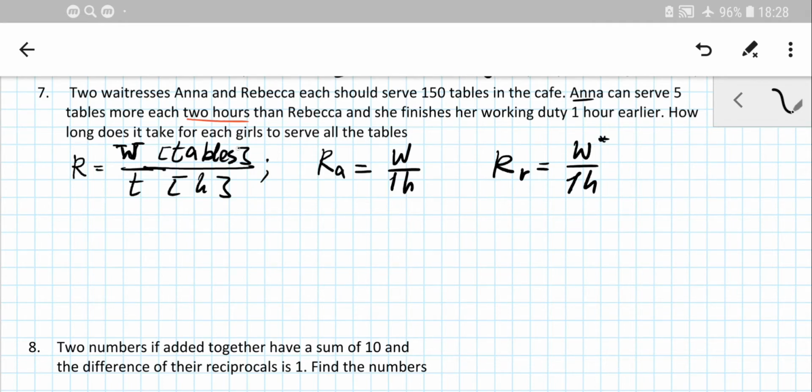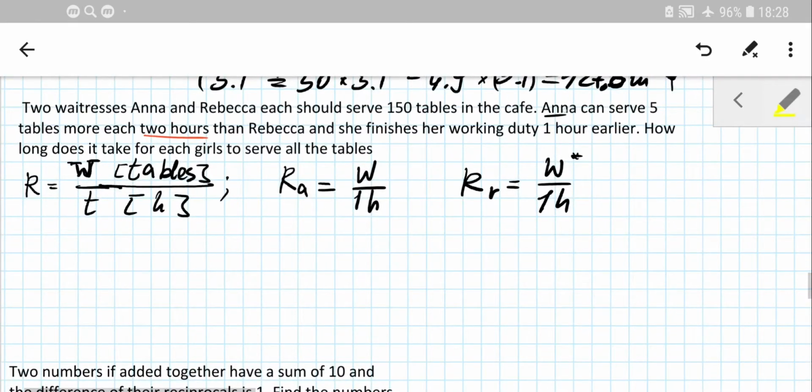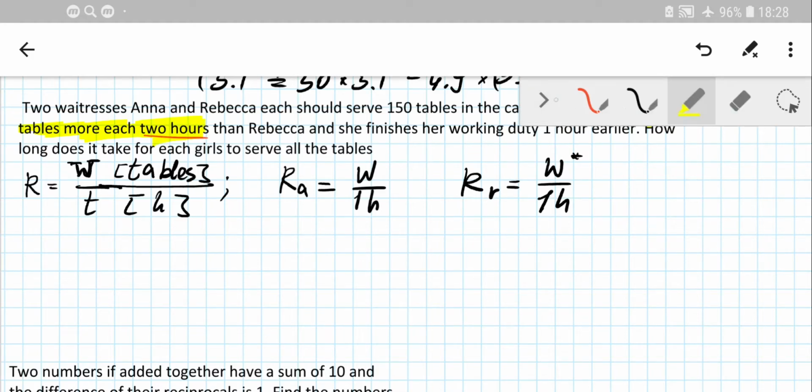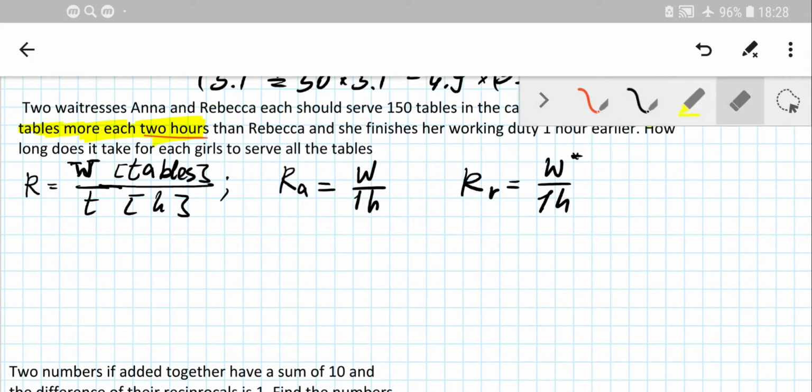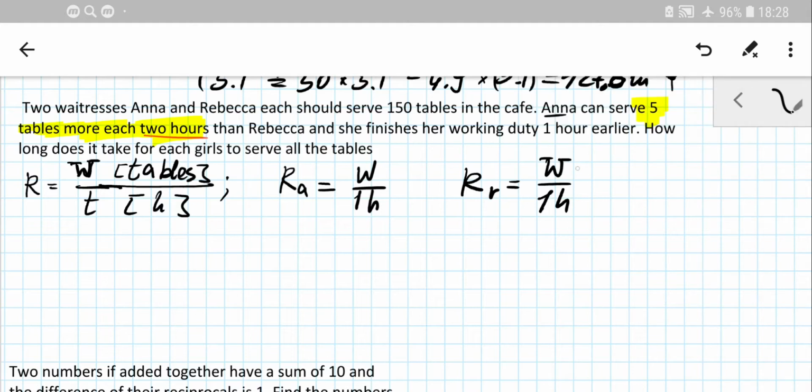But the problem is you need to connect those rates, because you have the statement that allows you to connect. What about the statement? Anna can serve 5 tables more each 2 hours. How does it look in terms of an equation? If Rebecca works some amount of tables served, and this work is W, how is this work connected with Anna's work? 5 tables more each 2 hours.